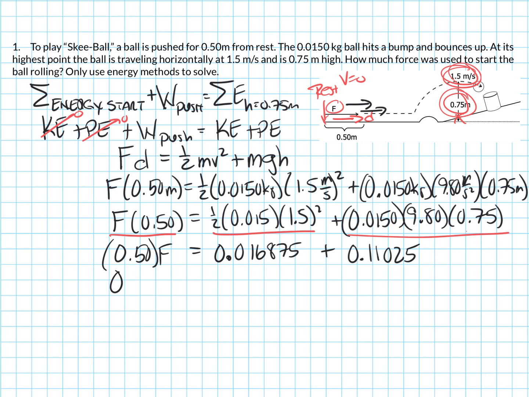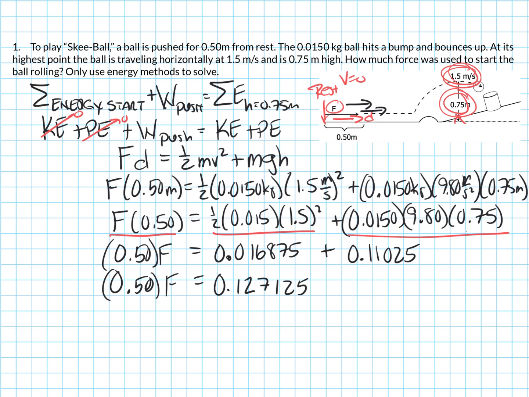Now add the 2 on the right up. So 0.50 times f equals, when I add them, 0.127125.